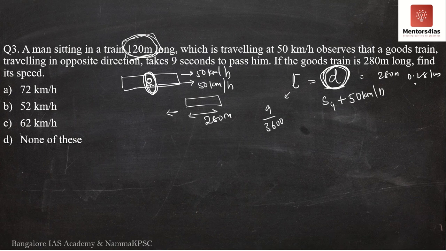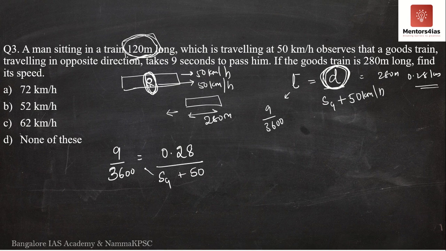Therefore, distance will be nothing but 0.28 kilometers itself. So we have time. Time is 9 divided by 3600. This is equal to distance, 0.28 kilometers, divided by the speed of the goods train that we have to find out, plus 50 kilometers per hour. Since the person is sitting inside the train, he is also moving at 50 kilometers per hour, and we have to determine the speed of the goods train.